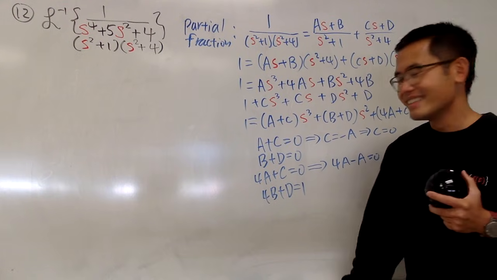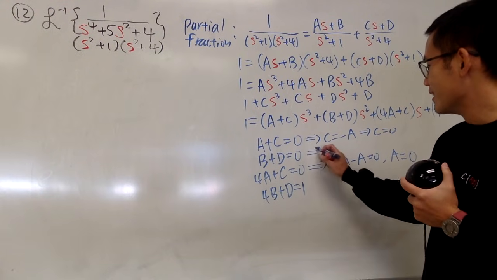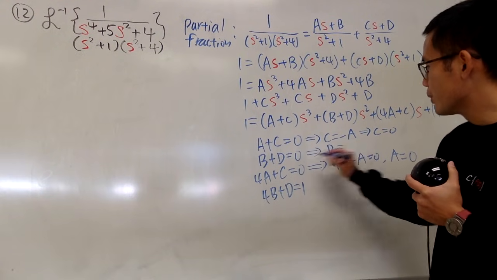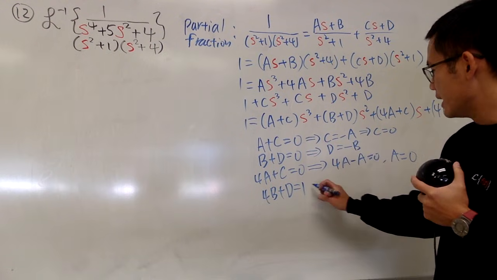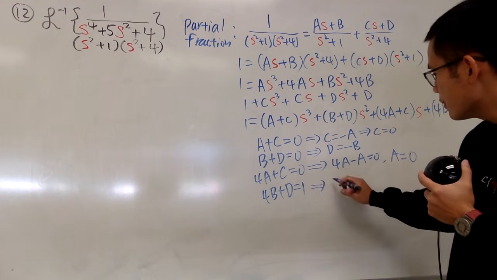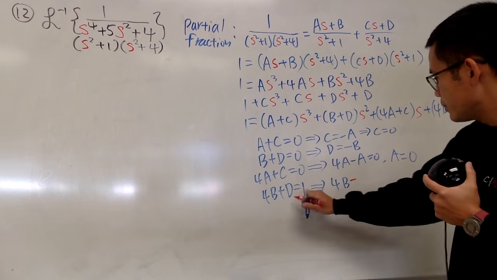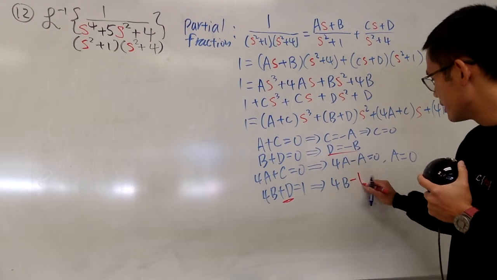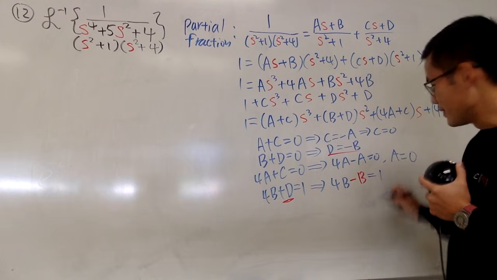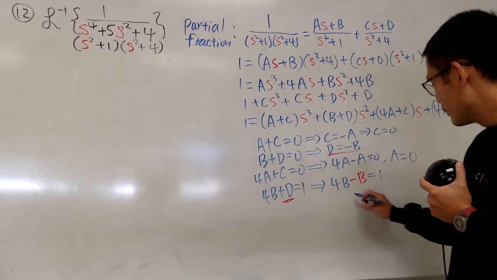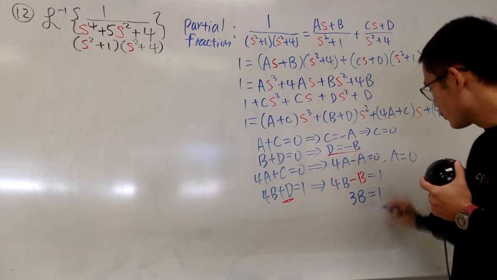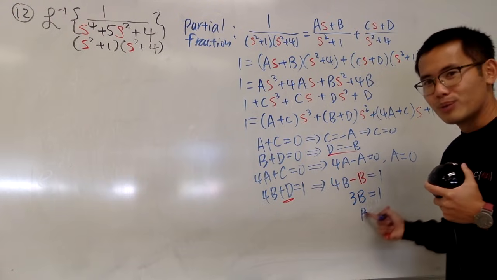Now, have a look here. This right here tells you d is equal to negative b, and this right here will tell you 4b, and then d is negative b, so minus b right here. Minus b has to finally equal a number. So here we have 3b is equal to 1. Oh, shout out to 3Blue1Brown. Look at that.